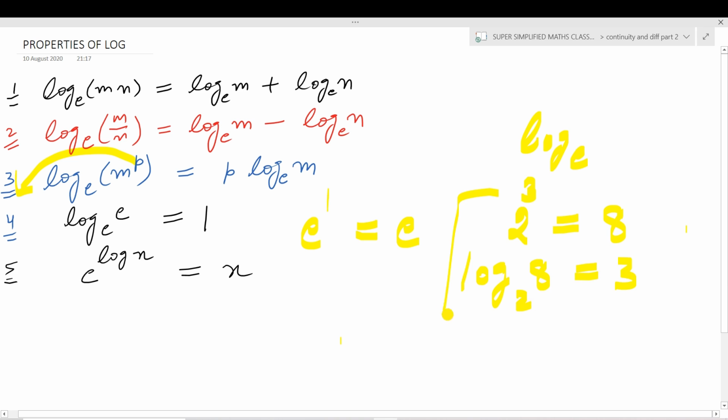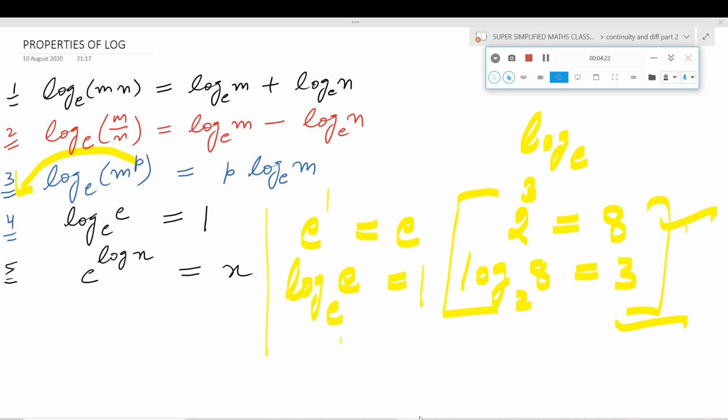Similarly, e raised to the power 1 is e, so I will write log to the base e of e is equal to 1. Whenever you have any confusion, just remember how to convert an exponential statement into a logarithmic statement. And the fifth property is e raised to the power log x is equal to x. We may be using one or more properties in the forthcoming questions.